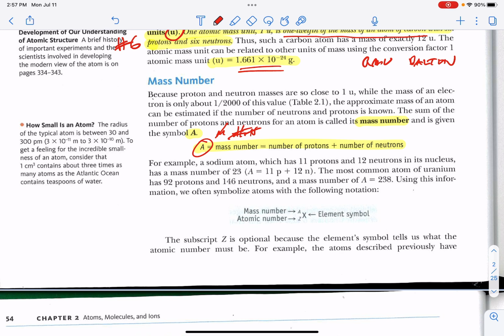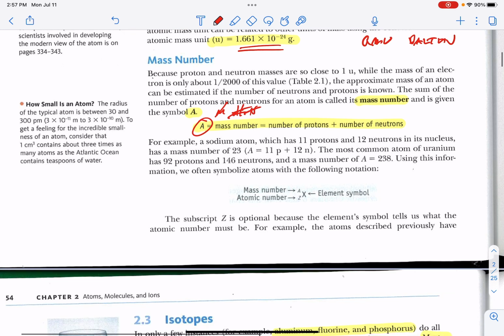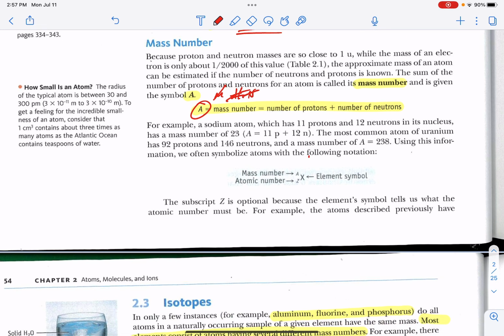Now, unlike the periodic table at the very beginning of the chapter that I was commenting on, you'll notice that these days we put the numbers on the left side of the symbol and not on the right side. So the number in the upper left is the mass number, which is going to be the protons plus the neutrons. The number down here is going to be the number of protons.